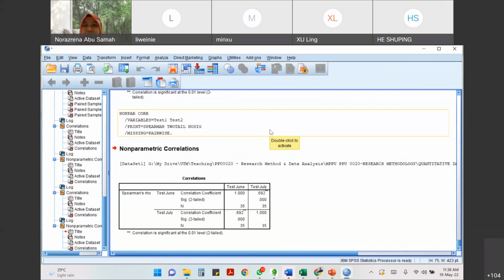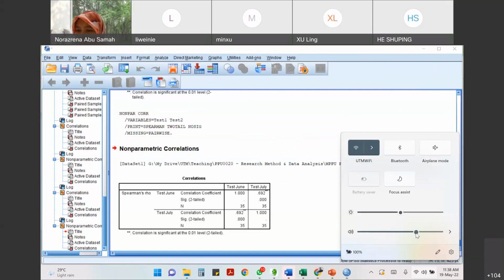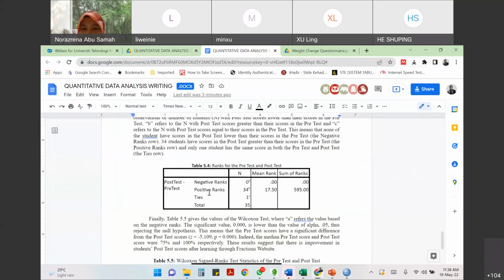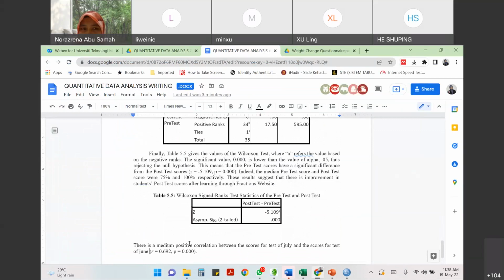Doctor, I have some questions. Yes. The first is that when you show the word, there are so many hypotheses, null hypothesis and alternative hypothesis. Can we only report the test values?